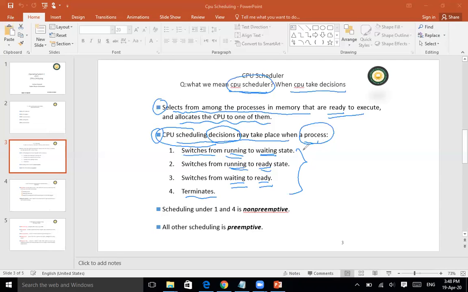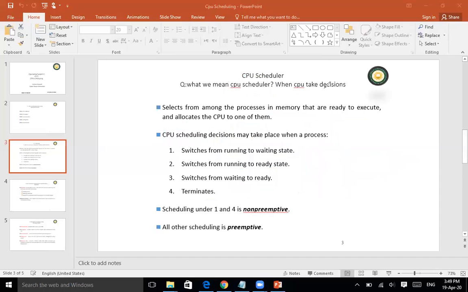Here it says scheduling under 1 and 4 is non-preemptive. Just to clarify, to avoid misunderstanding, 1 and 4 are non-preemptive, which means when a process is allocated the CPU, it will not release the CPU unless it finishes.